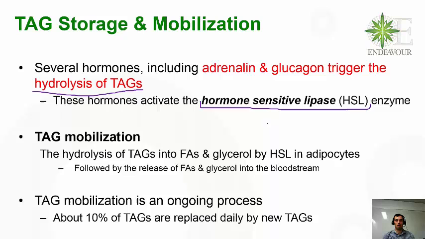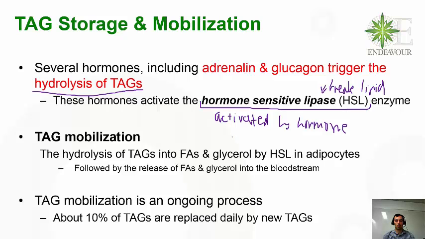So it's a lipid-breaking enzyme that is activated by hormones. So that's where it gets its name, because the enzyme is activated by a hormone. We call it hormone sensitive, and it's a lipase because it will break down lipid, specifically our triacylglycerol.